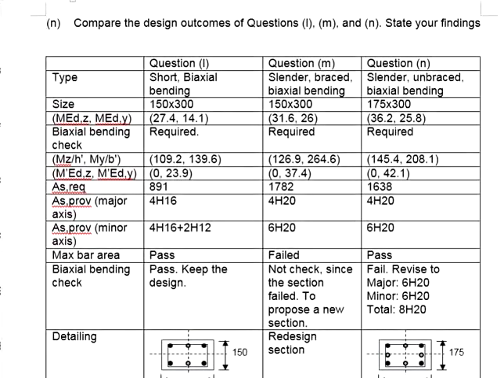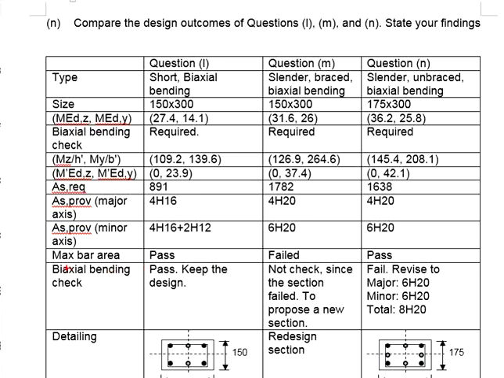Again, you will see that the slender unbraced column will still be the most critical one. And then, based on the M prime EDY, you refer to the column design chart and work out the AS required. This will be the first round where you're going to propose the amount of reinforcement.